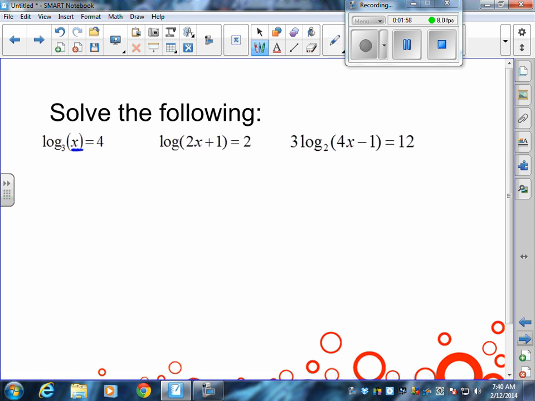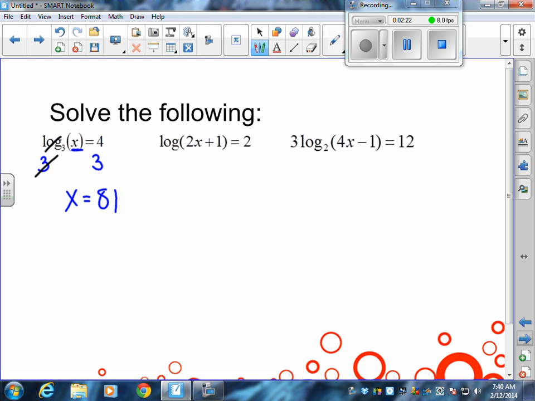So I'm going to exponentiate both sides and make them 3 to the log base 3 of x and 3 to the 4th. So 3 to the log base 3 will cancel and give me x equals 3 to the 4th, and with my calculator, that's going to be 81. So x has to be 81.